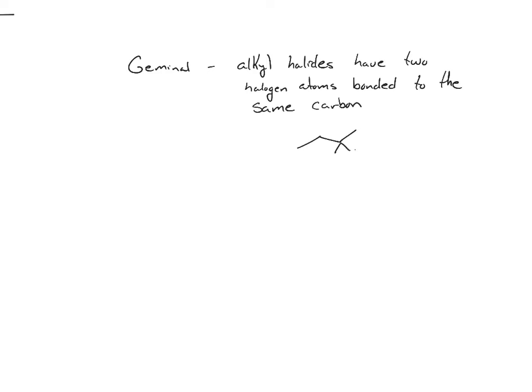So for instance, it could be two chlorides. So those two chlorides, those would be geminal chlorides. Okay? So they're bonded to the same carbon, so geminal, and the other one is vicinal.